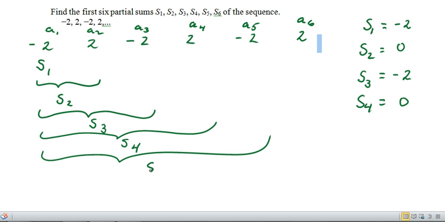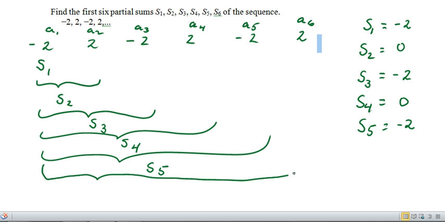Zero plus another -2 will make s sub 5 equals -2, and -2 plus another 2 is going to give us s sub 6 equals 0. So when the subscript is odd, the sum is -2. When the subscript is even, the sum is 0.